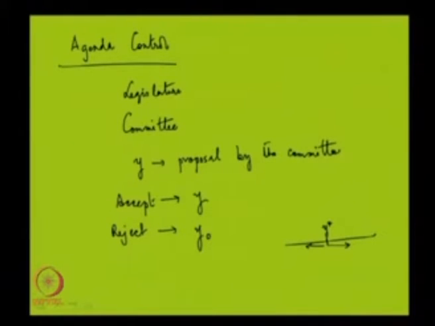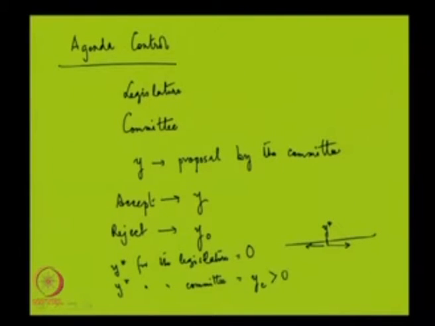Now, we are going to assume that the favorite, this Y star, for the legislature could be, suppose, 0, and Y star, the favorite for the committee, is different. It is, suppose, equal to YC.